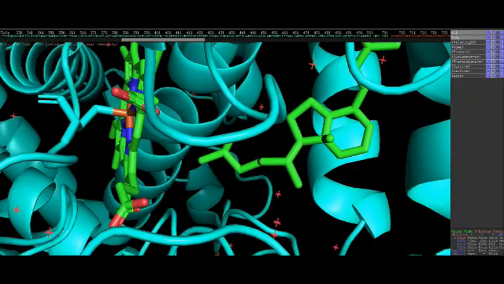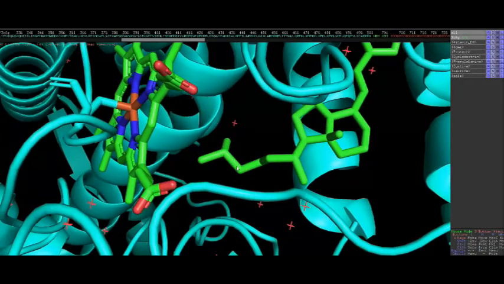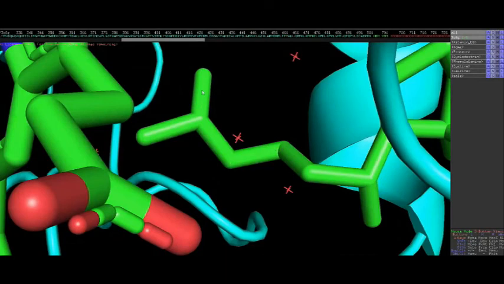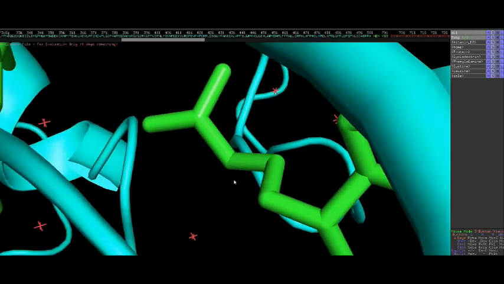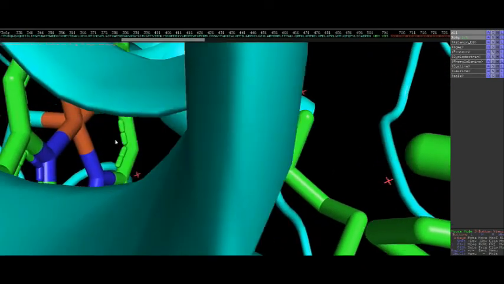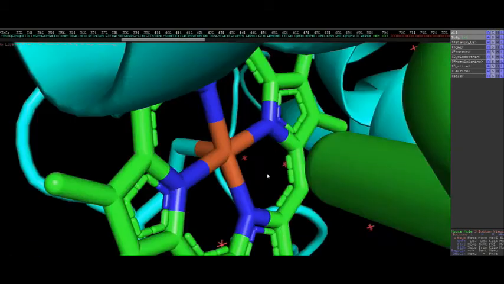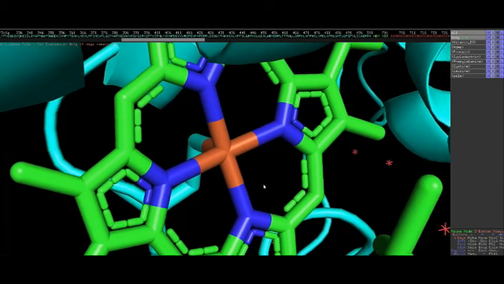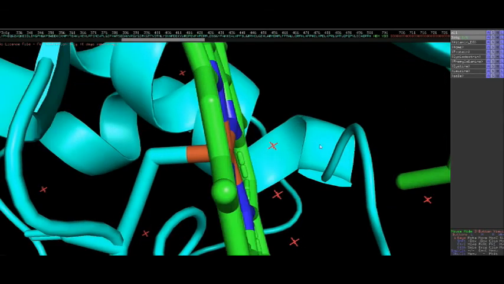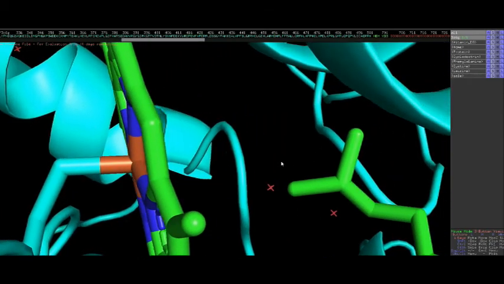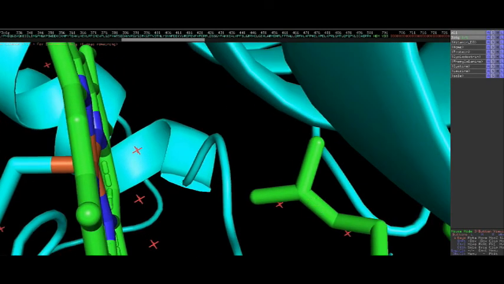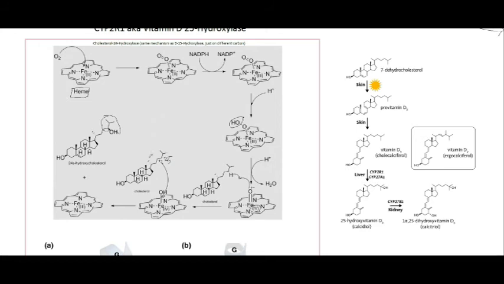And we have that going on here where we have this carbon to carbon and then these two methyl groups right here. And we can see that that is right above this iron in the heme group here. And so we can see how if there is a hydroxyl sticking out there, that would bring it right next to this group here and allow these reactions to take place.